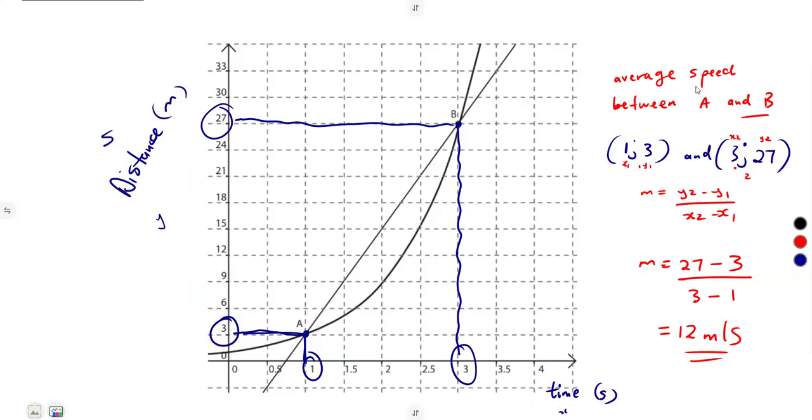But here we are focusing on the average speed, so it is measured in meters per second, distance over time. Remember we said it's distance over time. So our distance in meters, our time in seconds, meters per second. All right, that is the basic idea of what you're going to need in your calculation.